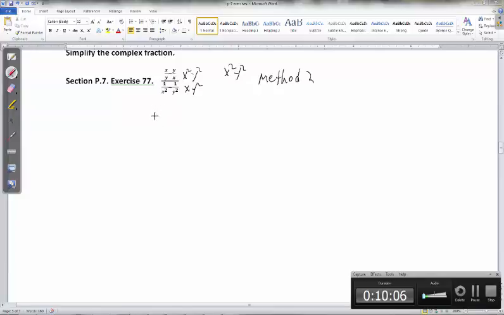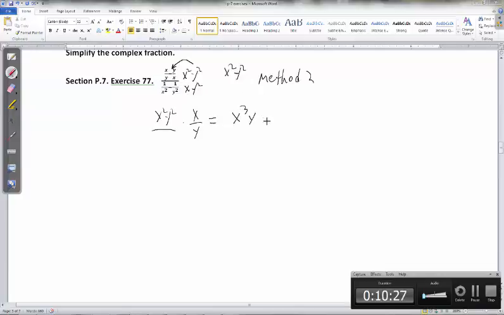So if I multiply x squared y squared into that first fraction, x squared y squared times x over y will just get me x cubed y.